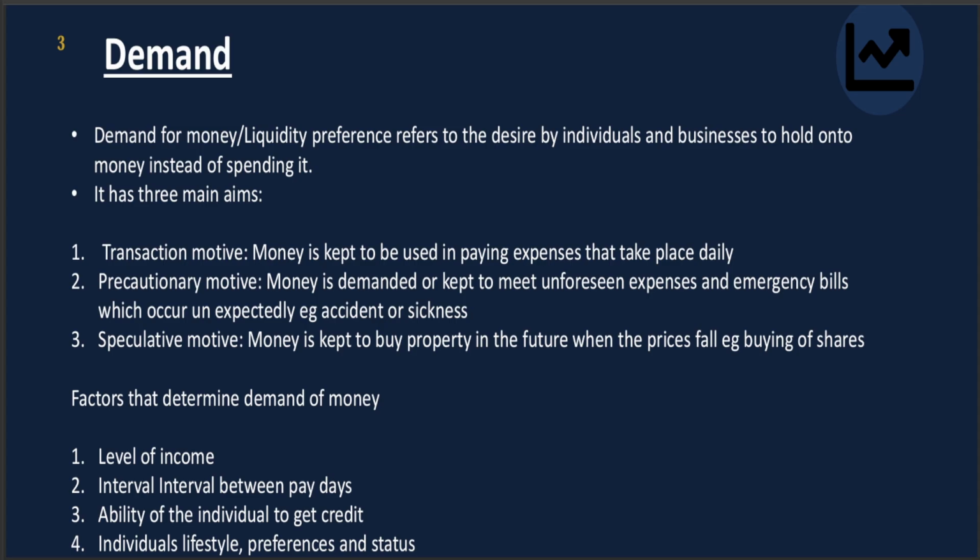So just in case something like that happens, then the money is there to meet that cause ama to satisfy that cause. So we hold on to money to help us in emergency situations, either accidents or sickness.